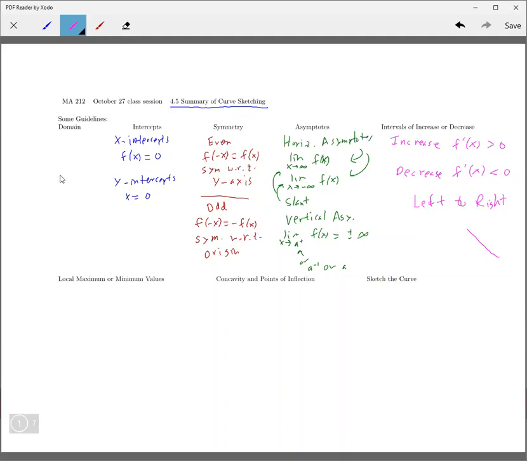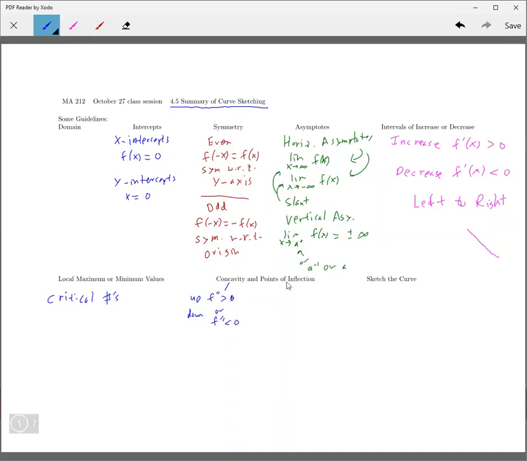Then another one is local minimum or maximum values. For these, you can find critical numbers and then plug them in to see what the behavior is there. Concavity: concave up is where the second derivative is positive, and concave down is where the second derivative is negative.